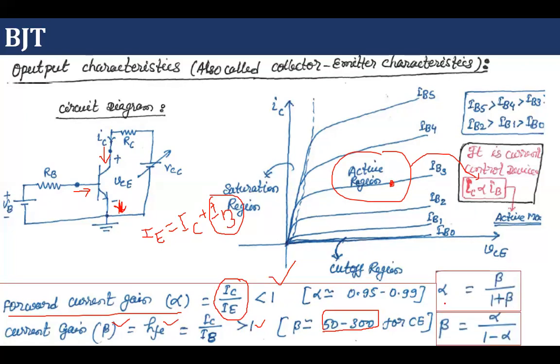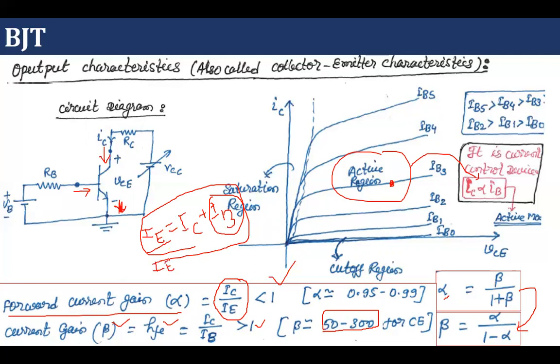And what is the relationship between alpha and beta? Alpha is equal to beta upon 1 plus beta. From the current relationship, we can easily prove it. Just divide it by IE, and we get the relationship, and beta will be equal to alpha upon 1 minus alpha. So we divide the whole equation by IE.